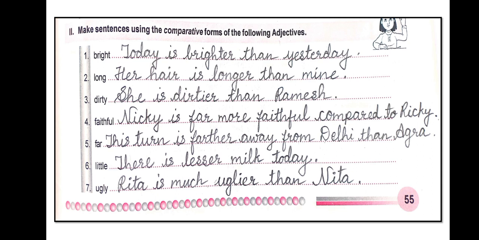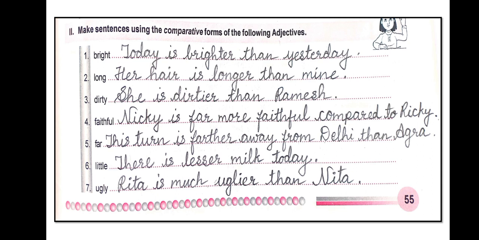4. Faithful. Nikki is far more faithful compared to Ricky. 5. This town is farther away from Delhi than Agra. 6. Little. There is lesser milk today. 7.